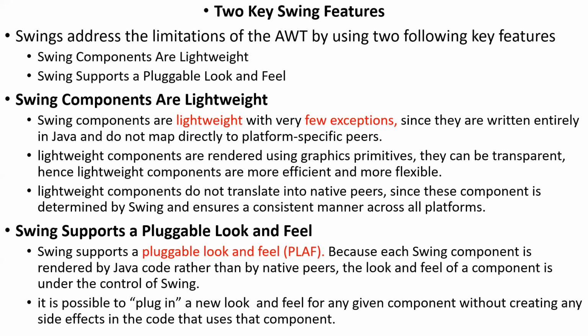AWT is just to build native components, and built in only those components. We cannot enhance more. Extensibility is not there in AWT, but in Swing it is possible because this is the pluggable concept. Pluggable means you can plug in new software, new components based on the application.